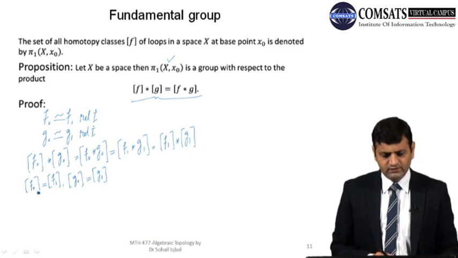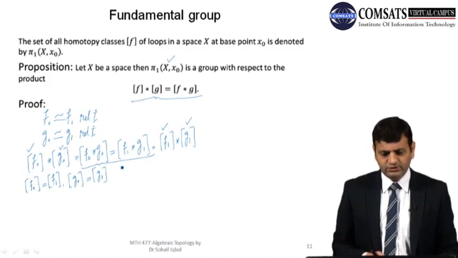So if I replace f0 with f1 and g0 with g1, then I should get the same product in this set pi 1 of x, x0. That's why we have to show that this product is well defined.